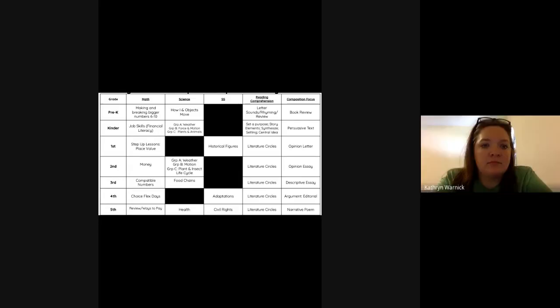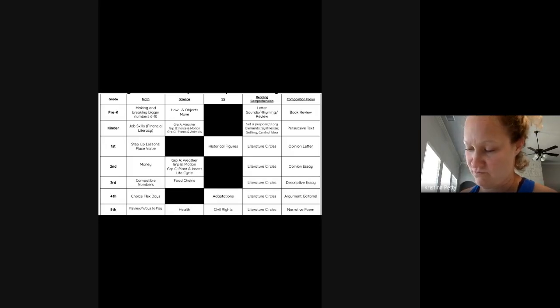Mm-hmm. The reason why it says job skills is because the entire TEK for kindergarten is identify ways to earn income. That's the TEK. The thing I like about kindergarten is those TEKs are very simple.